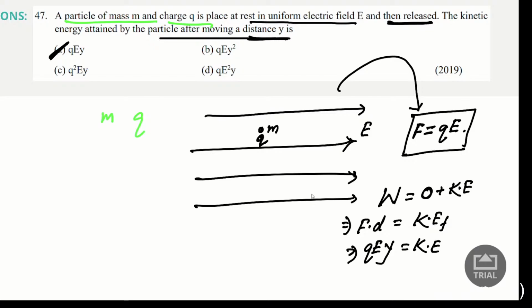Clear, everybody? Chalo, anybody any doubt?